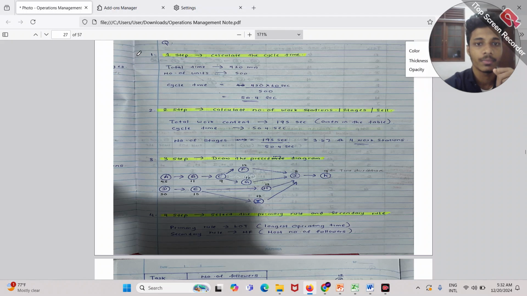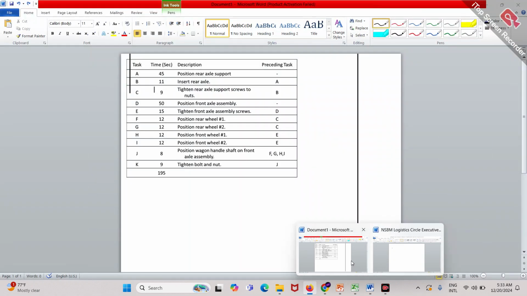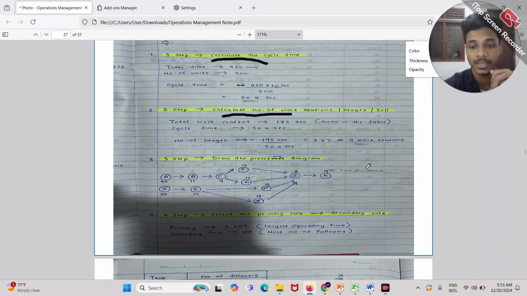Firstly, you have to calculate the cycle time and calculate the number of workstations, or we can say the number of theoretical workstations. And in the third step, you have to draw the precedence diagram. This is the precedence diagram. Now I will explain how we are going to draw that precedence diagram.